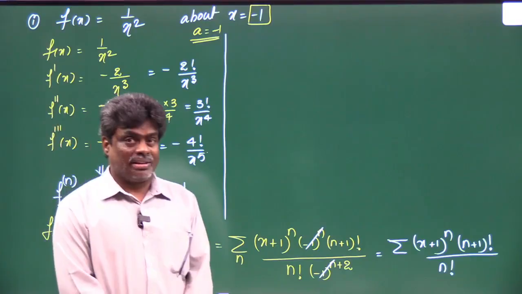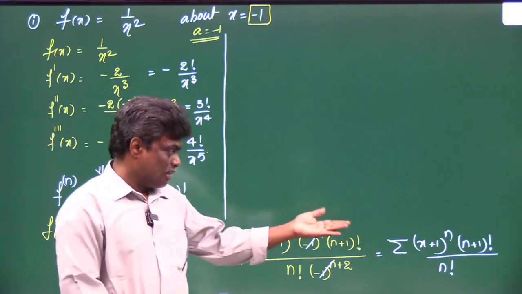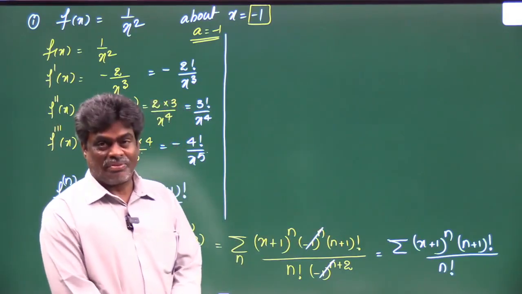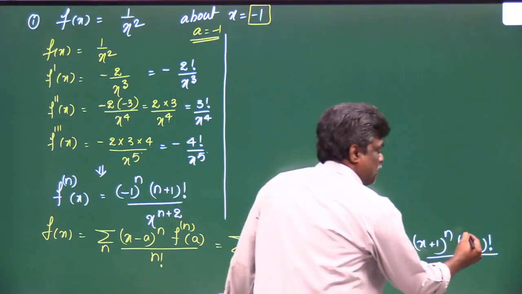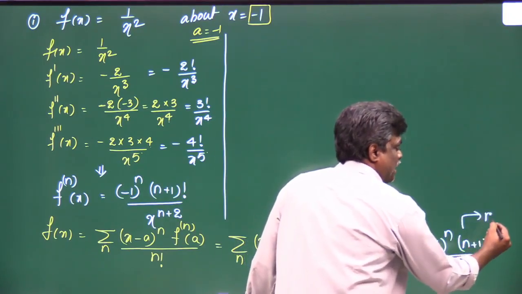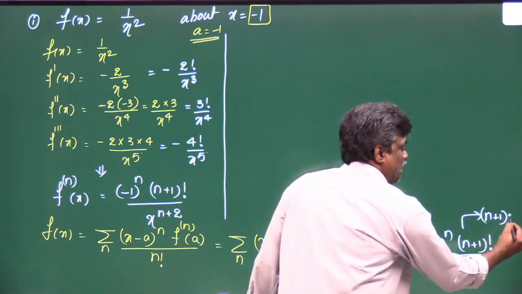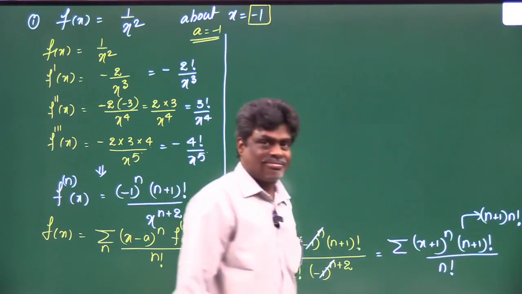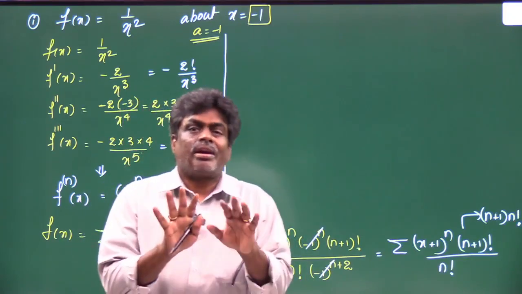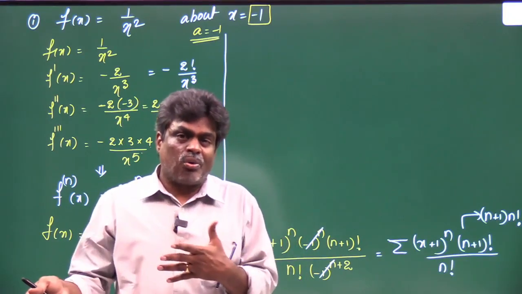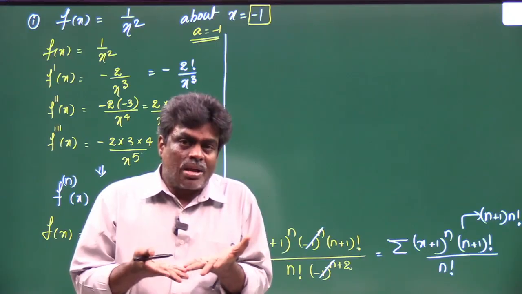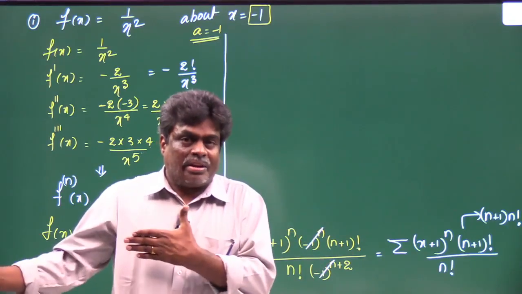And we can simplify in another way. One more term we can simplify. Because n plus 1 factorial can be written as n plus 1 into n factorial. Yes, 5 factorial can be written as 5 into 4 factorial, 10 factorial as 10 into 9 factorial.